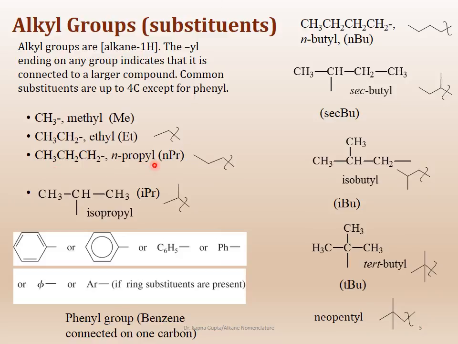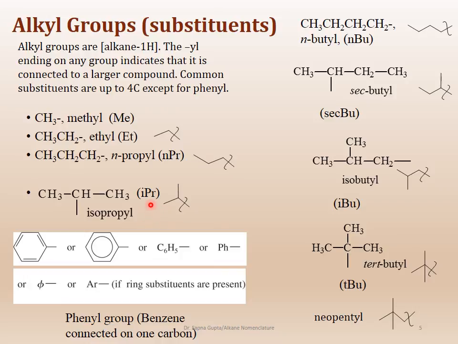The next one is a propyl group. With propyl group now there are 2 things possible. You can have the connection at the end carbon, or you can have the connection at the middle carbon. Which means instead of the connection here, you can have the connection here. These 2 are called constitutional isomers of each other. Even though these are alkyl groups, these are still constitutional isomers because they share the same molecular formula.